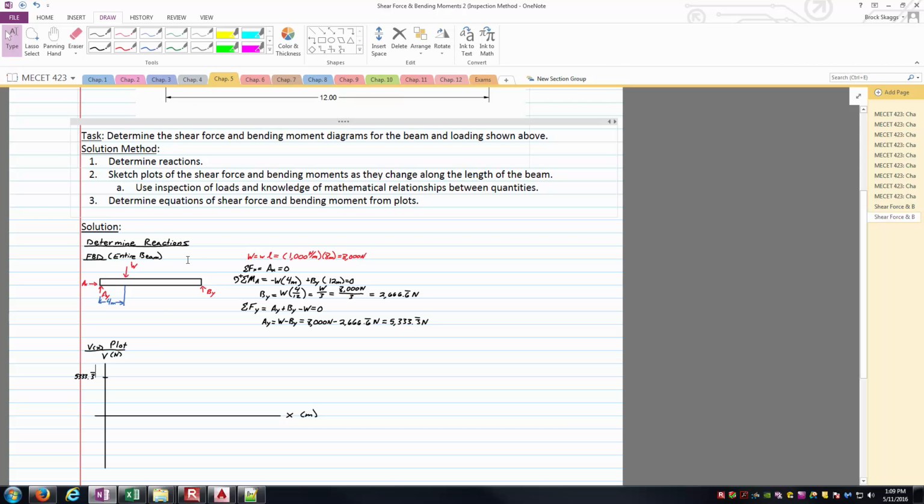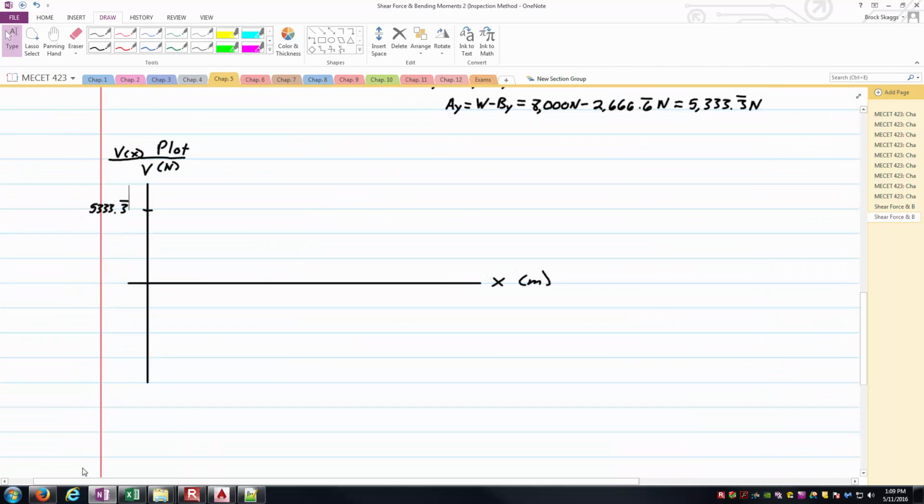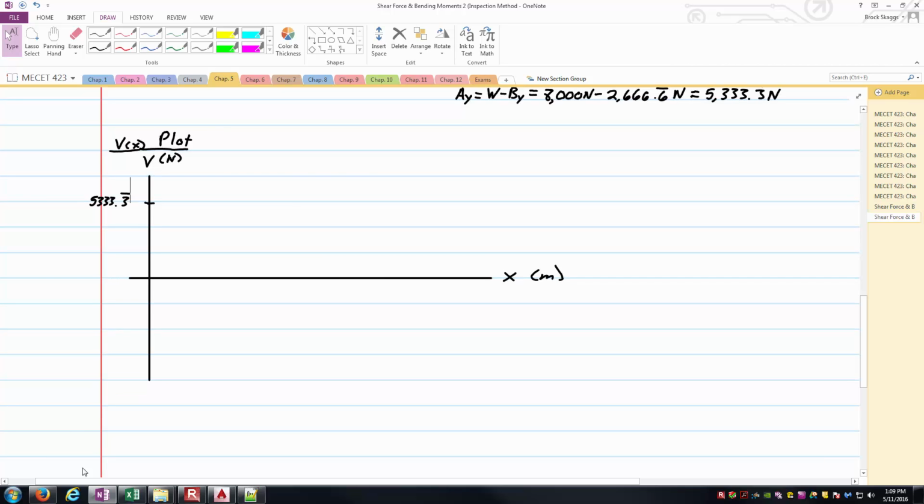And so what that's telling me is by the time I get to the x equals 8 meter mark, which is when the distributed load is finished, my shear force is going to have dropped all the way down, say it's right here, to negative 2,666 and 2/3 of a newton. And again, the magnitude that's dropping is going to be equal to the magnitude of that statically equivalent point force here.